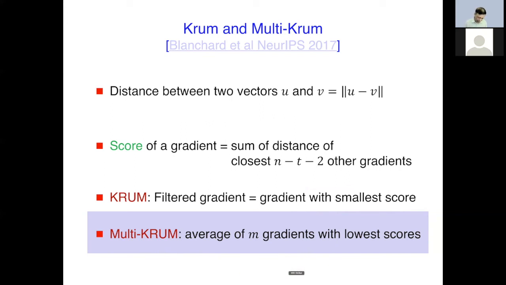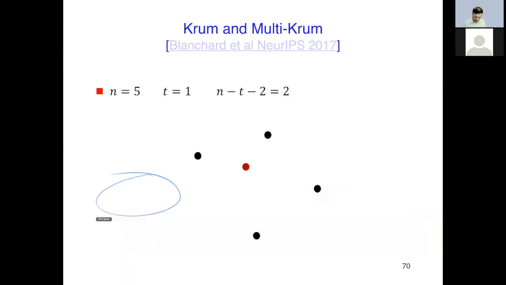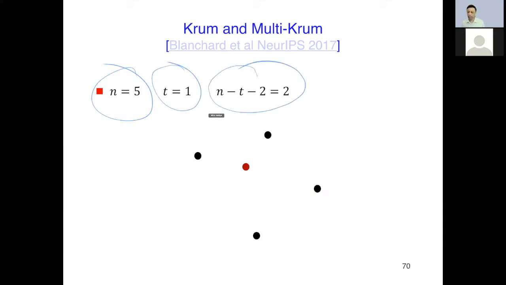So let's take an example of CRUM. So in this example, we have n equal to 5, t equal to 1, then n minus t minus 2 will be equal to 2. And so suppose this is my gradient G1, G2, G4, G3, G5. Then the score for G1 is the sum of this distance and the sum of that distance.